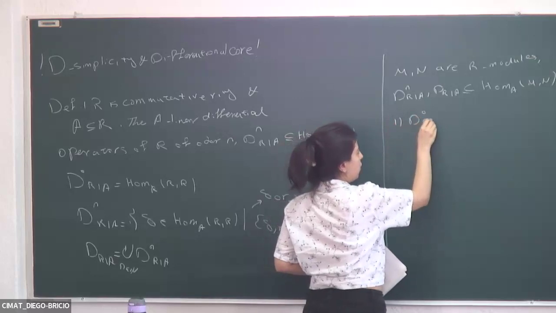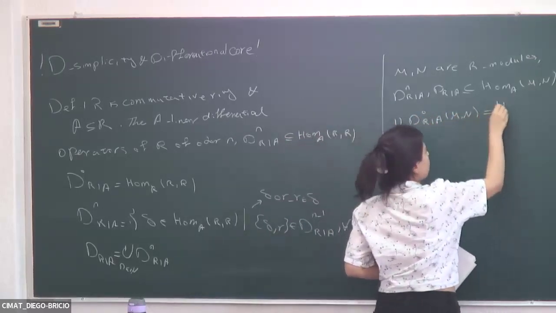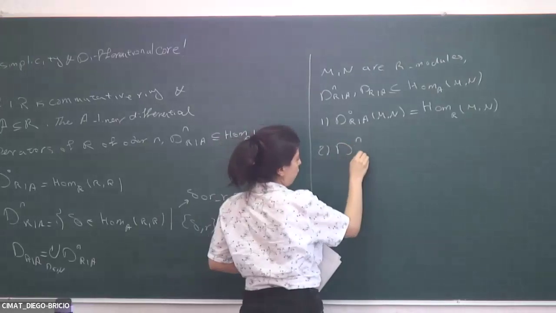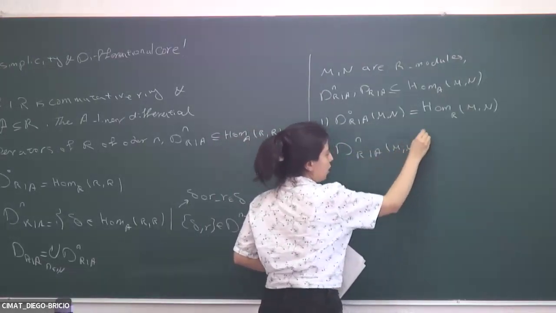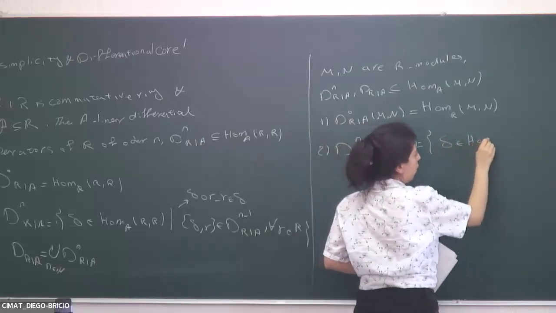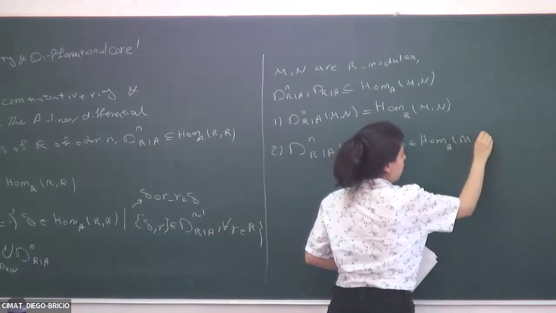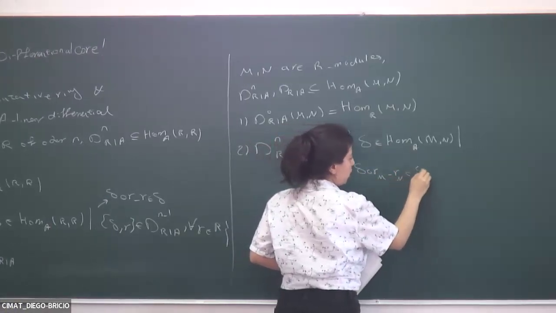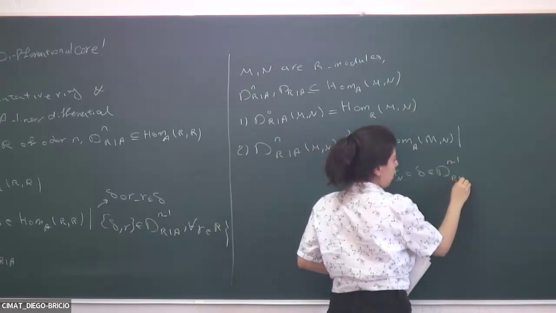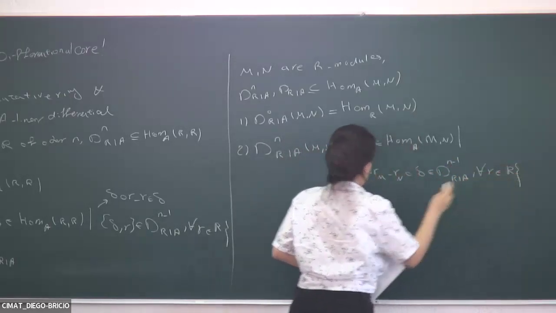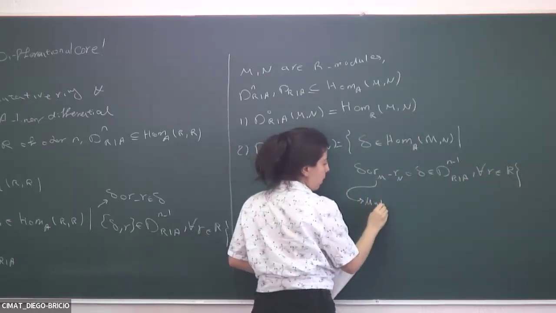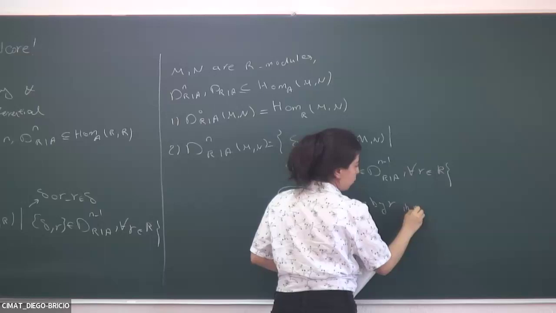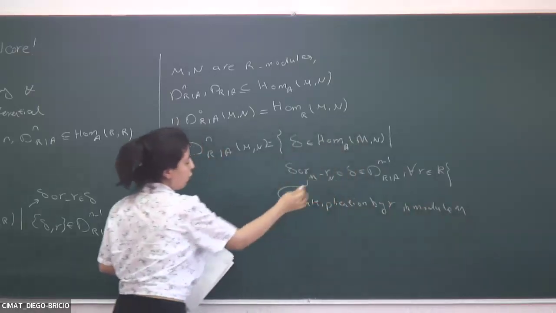So first of all, D^0 is Hom_R(M,N), and D^n is the set of delta in Hom_A(M,N) such that delta r minus r delta is in D^{n-1} for r in R. And by rN, I mean multiplication by r in the module N, and exactly the same for rM.